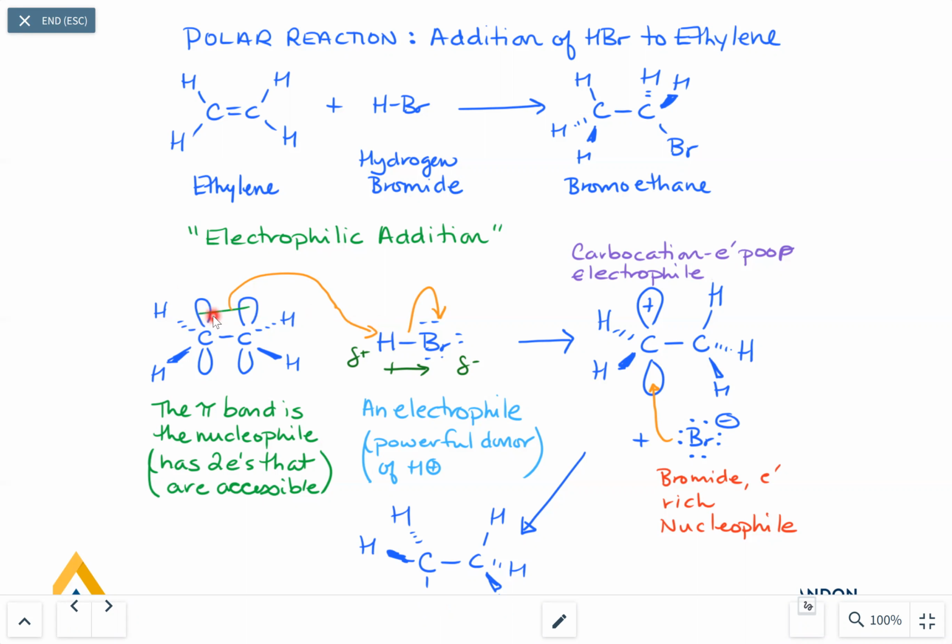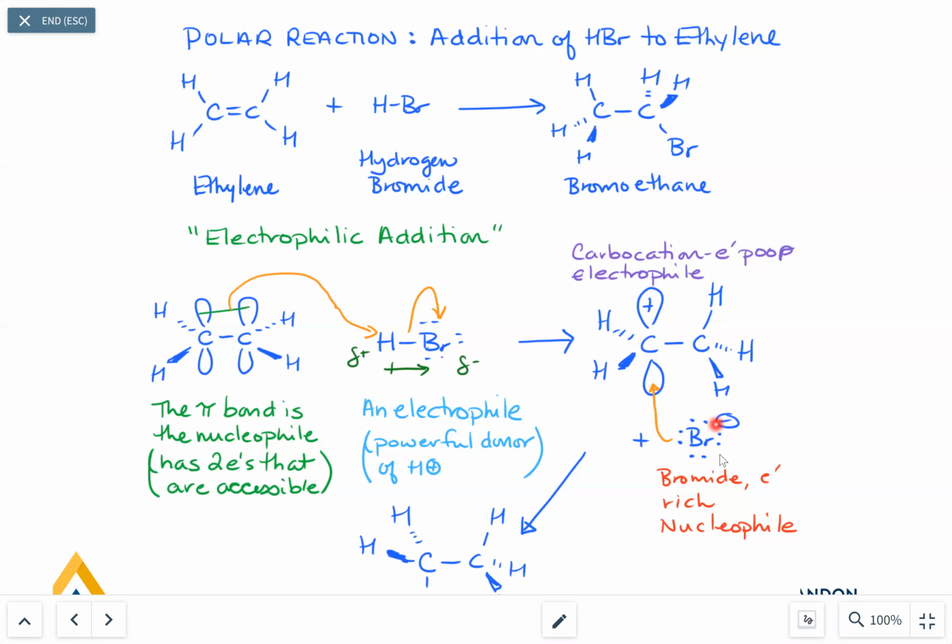But this is interesting. So these pi electrons attack H. These electrons move on to bromine, and you end up with a carbon which has got a positive charge. So the ethylene here is the nucleophile. HBr is the electrophile to make this intermediate. And now this carbon is the electrophilic carbon, right? Because it's carbon with a positive charge.